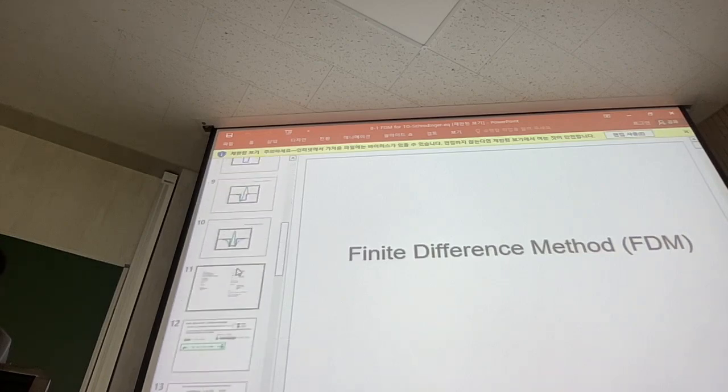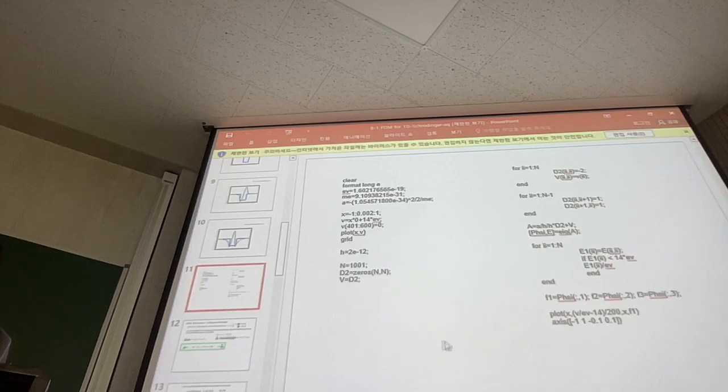By using just this kind of simple statement, and the only statement actually used is the eigen command, which finds the eigenvalues and eigenvectors for the n by n matrix A, and everything else is just to define what A is, right?